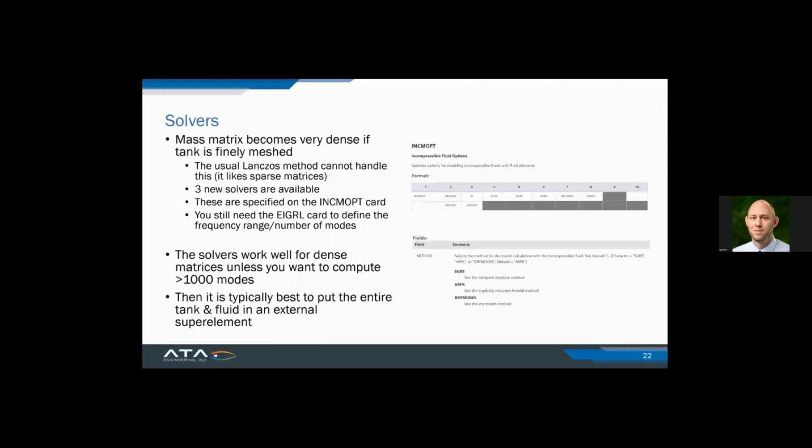And when you're reducing your super element, you would be using these incompressible fluid options shown here and the solvers there. But other than that, there are no specific special considerations to create the super element other than what you'd normally do.